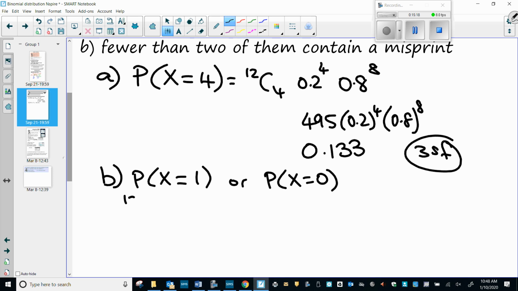So we've got 12 C 0, 0.2 to the 0, 0.8 to the 12.